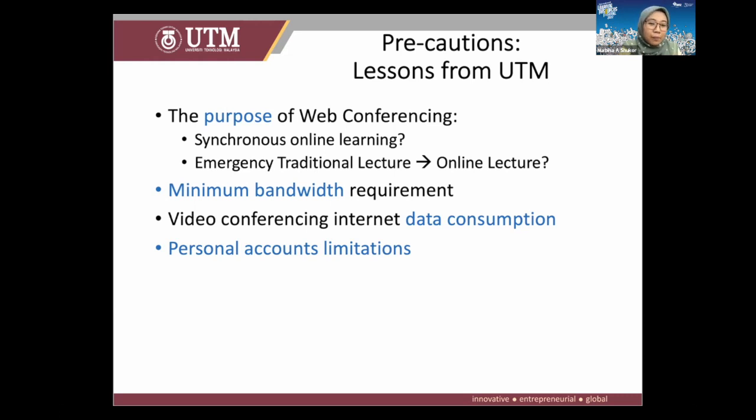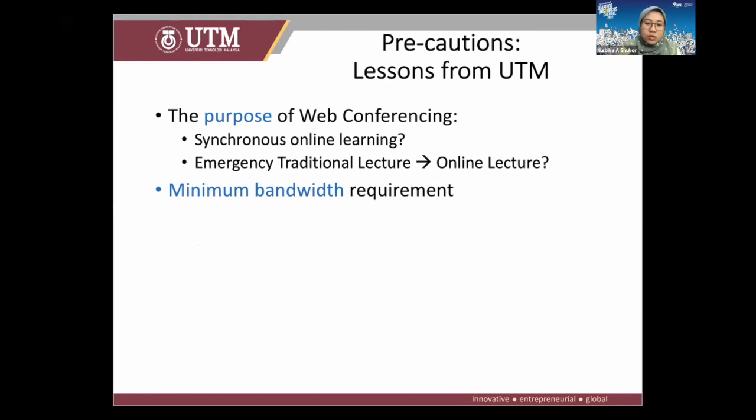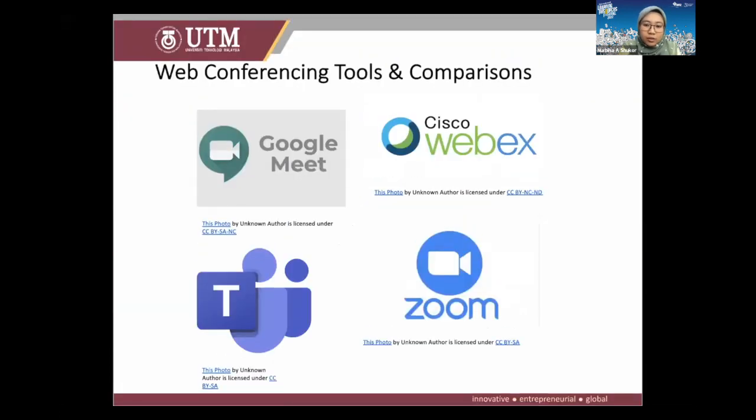Now, there are so many updates recently that maybe I'm not aware of. But I think the last time I checked, in 2021, the tool that will consume a lot of students' data would be Microsoft Teams, because Microsoft Teams is more or less like a mini learning management system.